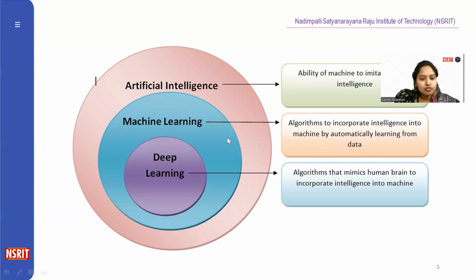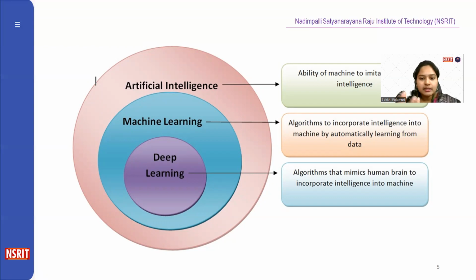Now coming to machine learning. Machine learning is a part of artificial intelligence, a subset of it. Here we give machines some data, and these machines are able to learn from that data.